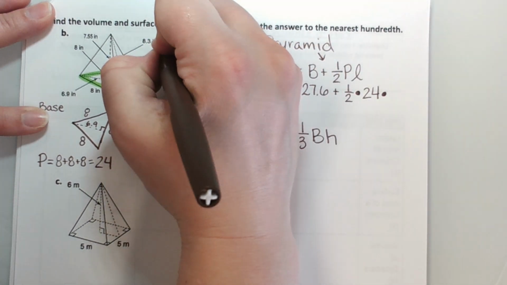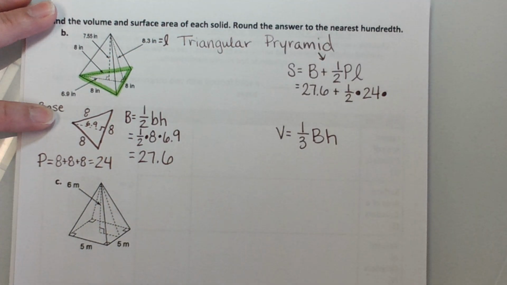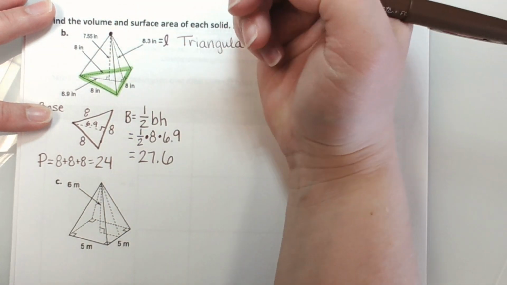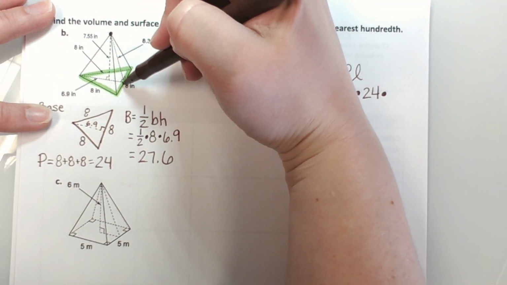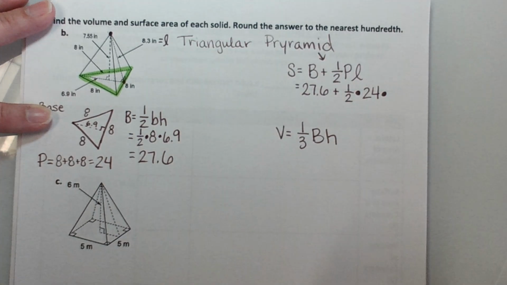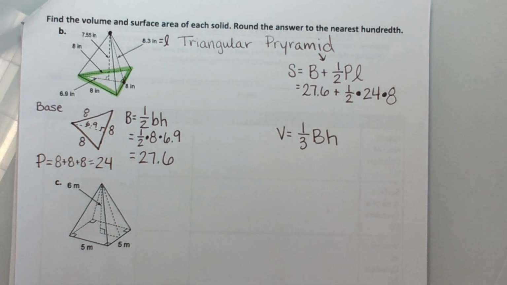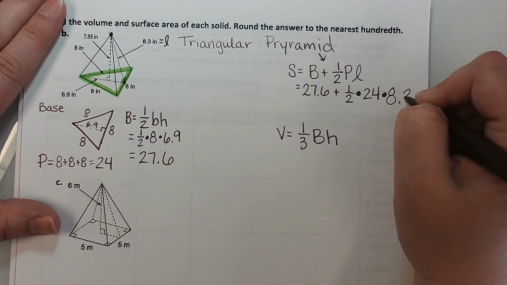Yes. This is L. L is slant height. Again, has to go from the point of the pyramid down the side of the shape. So it is 8.3.